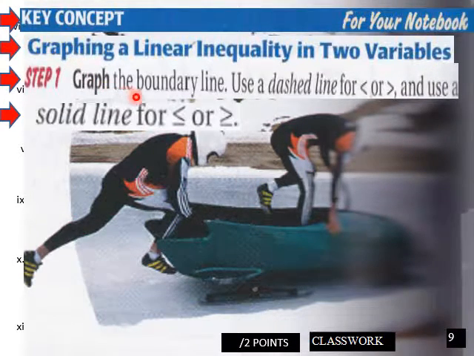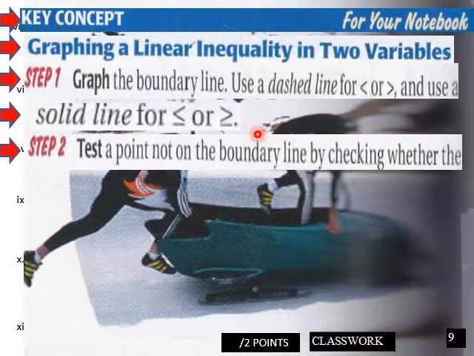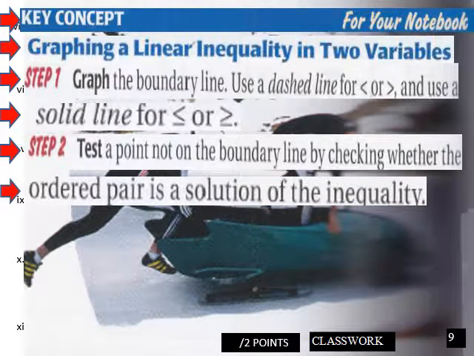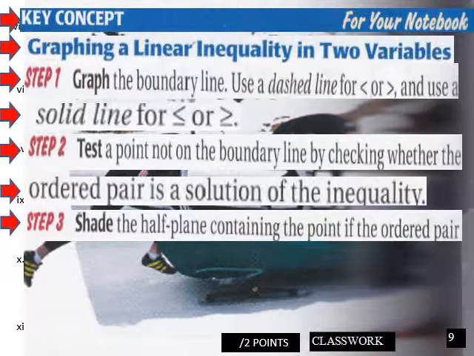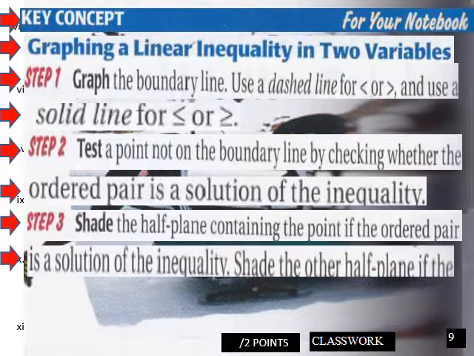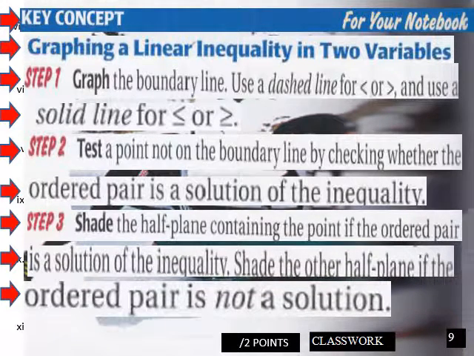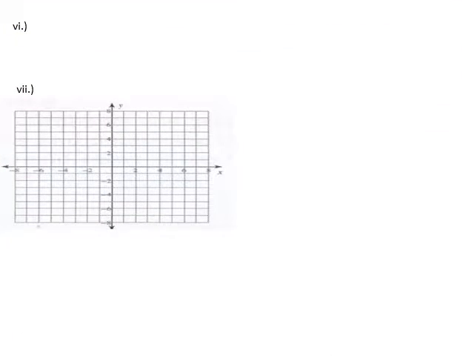Step 1, graph the boundary line. Use a dashed line for an imperfect inequality, and use a solid line for a perfect inequality, one with an equal sign. Step 2, test a point not on the boundary line by checking whether the ordered pair is a solution of the inequality. Step 3, shade the half plane containing the point if the ordered pair is a solution of the inequality. Shade the other half plane if the ordered pair is not a solution.